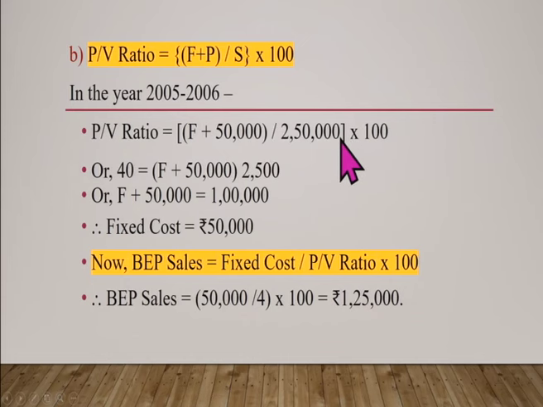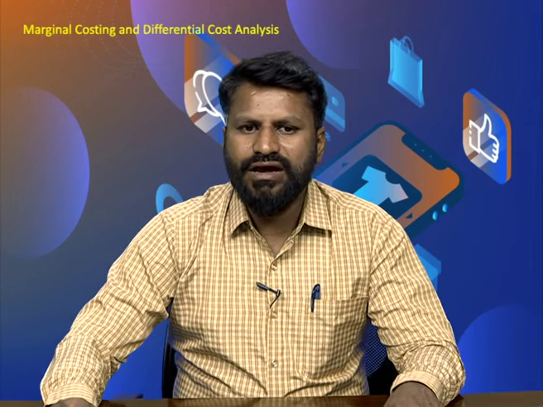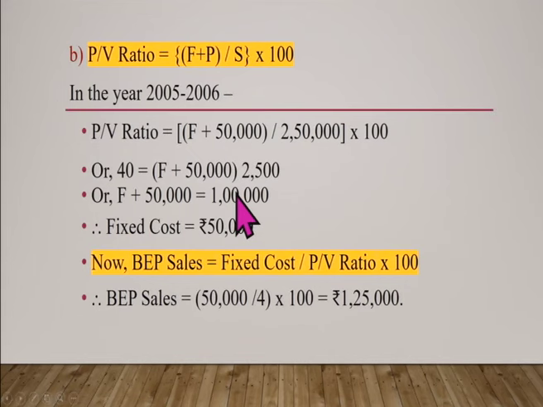Out of 2,50,000, 40% is the contribution, almost 1 lakh. Out of this 1 lakh, both fixed cost and profit are included. So 50,000 is the profit, and the remaining 50,000 is the fixed cost.